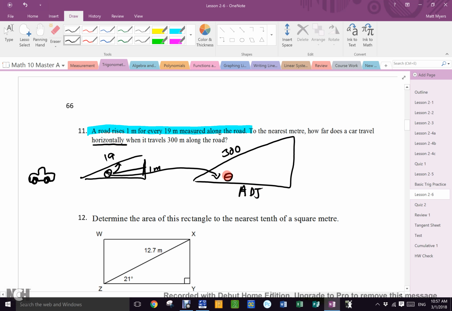So once I know that angle, over here I need cos, because I have adjacent and hypotenuse. Right? Another way I could do it, I could use similar triangles. 19 compares to 300 as that compares to that. That's what you learned in grade 9. You learned that method.